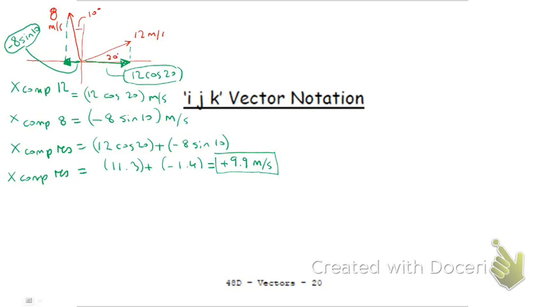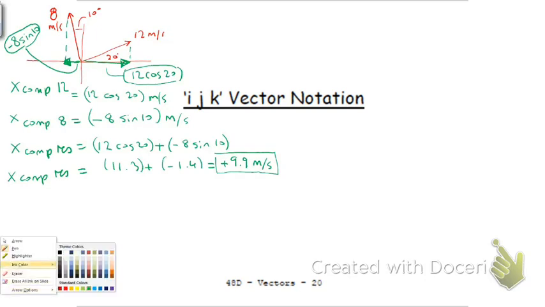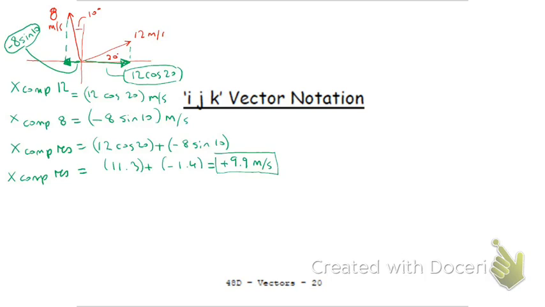Let's say I want to do the y bits. Let's go to purple. I know by looking at it that that is 12 sine 20. I have that, I want that.